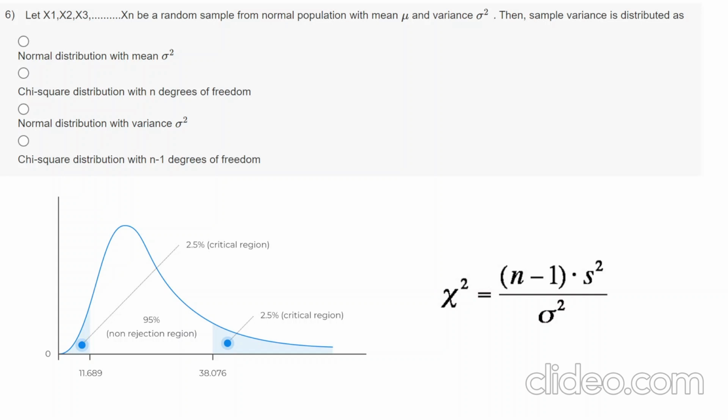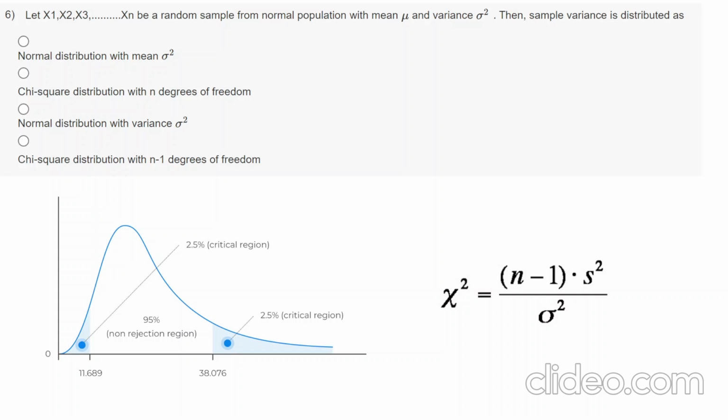If it had followed the normal distribution, we would have directly said the variance of the sample is equal to the variance of the population. But we don't say that, because the variance is a skewed function.